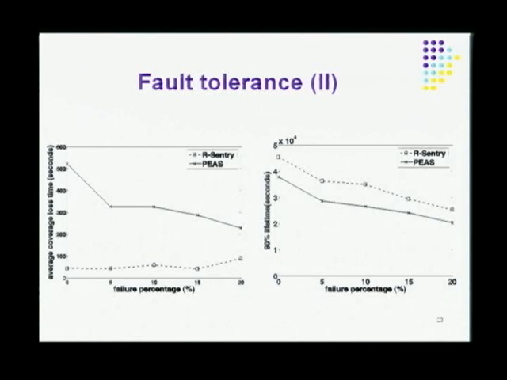Because at the end part of the lifetime, the coverage loss time is always bigger than in the early stage of the lifetime. Because R-Sentry has a long lifetime, it experiences more scenarios when the coverage loss time is longer.